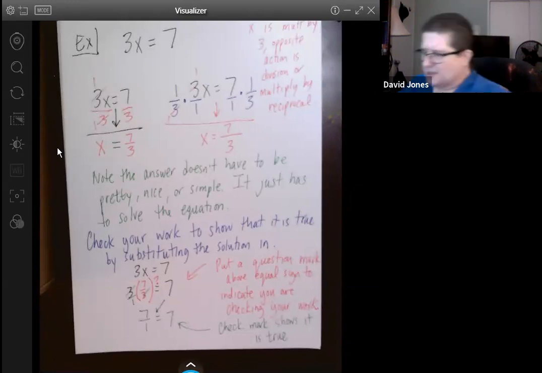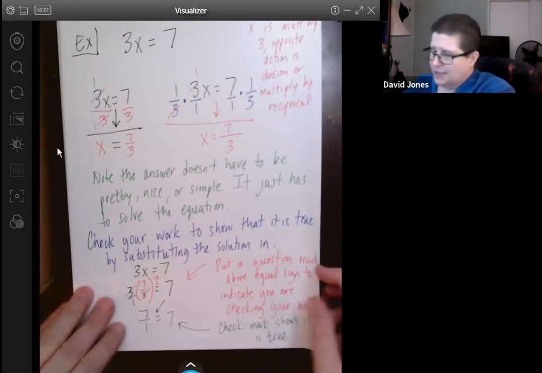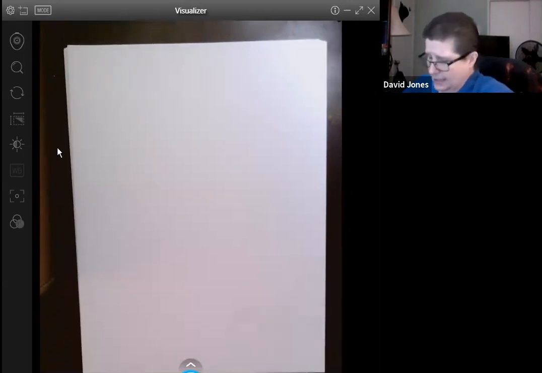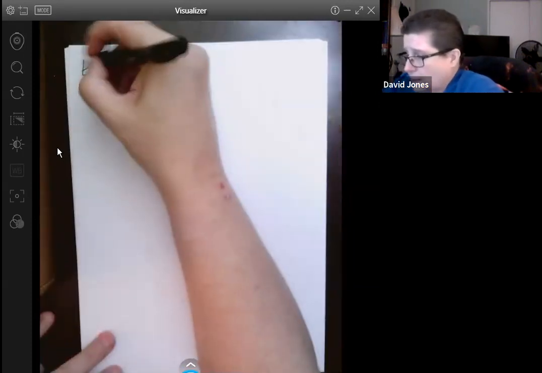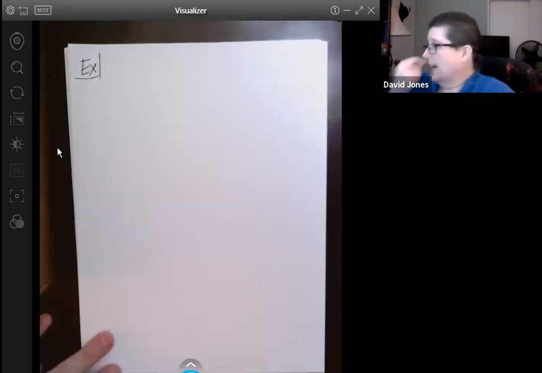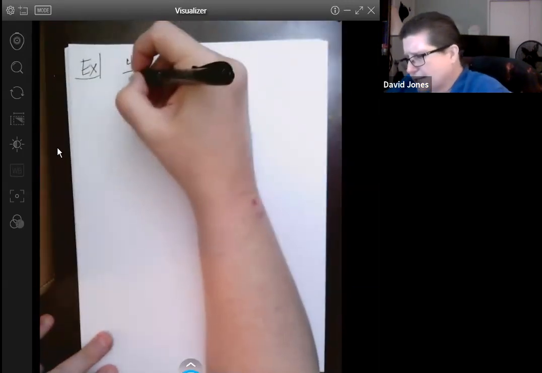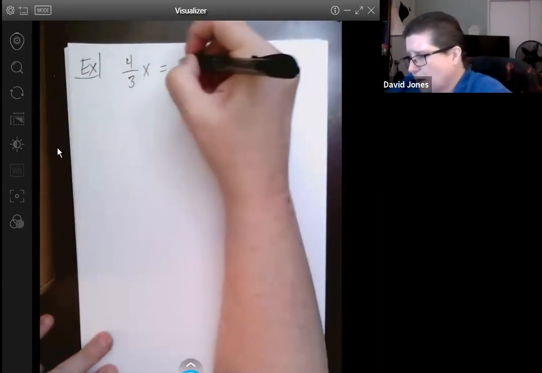And you might be asking, well, what if the division looks like it was easier? I didn't have to work with fractions. Why multiply by the reciprocal? Let me show you. Sometimes division is painful. What if I had 4/3 x equals 12?